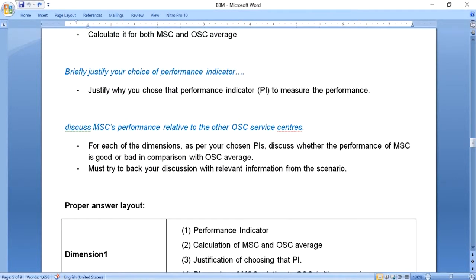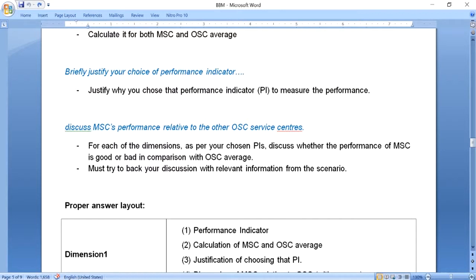The last part is to discuss MSC's performance relative to other OSC service centers. That means for each dimension, as per your chosen performance indicator, discuss whether MSC's performance is good or bad in comparison with the OSC average, and try to back your discussion with relevant information from the scenario.